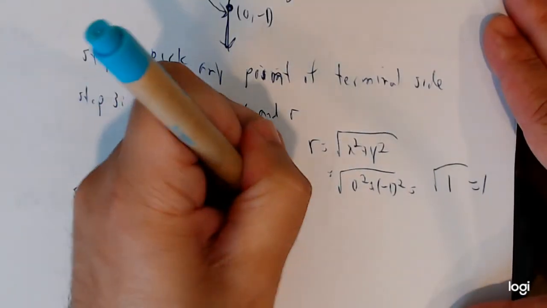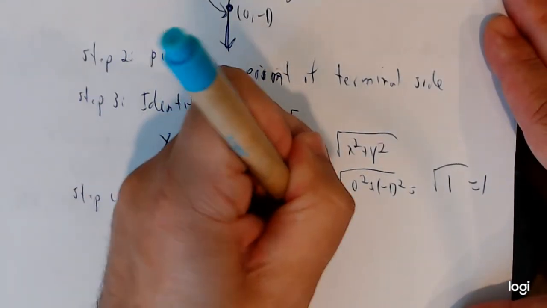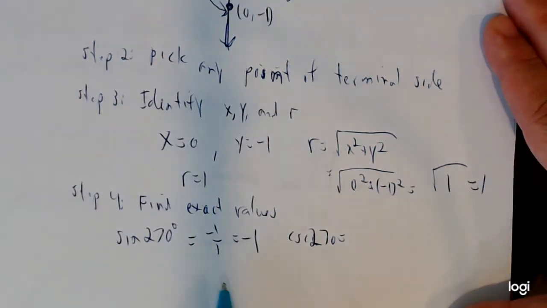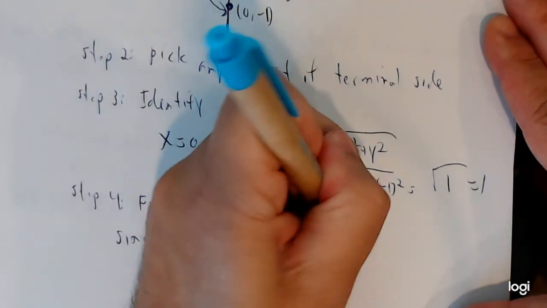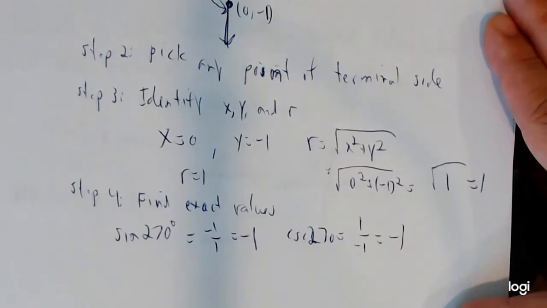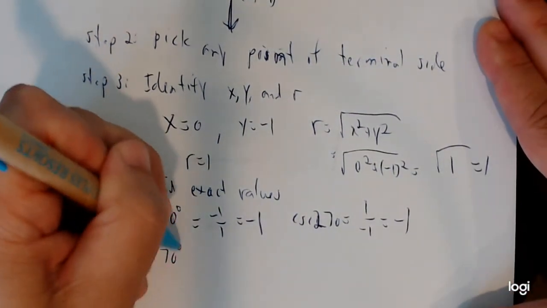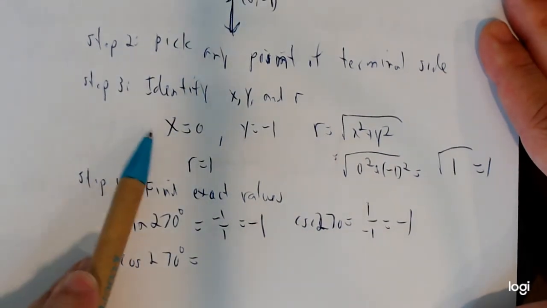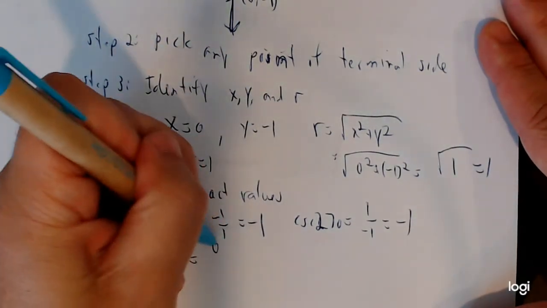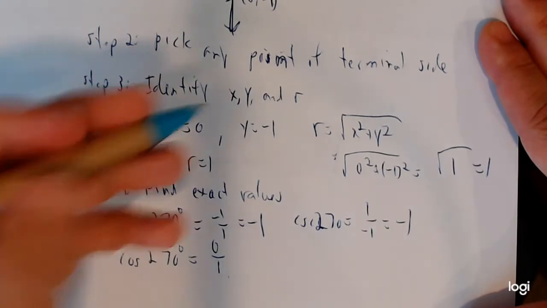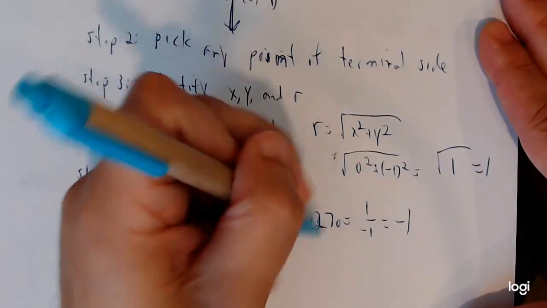And then cosecant of 270 degrees is r over y. So it's 1 over -1, that's still -1. Then cosine of 270 degrees is x over r. So x is 0 over 1, and 0 divided by 1 is always 0.